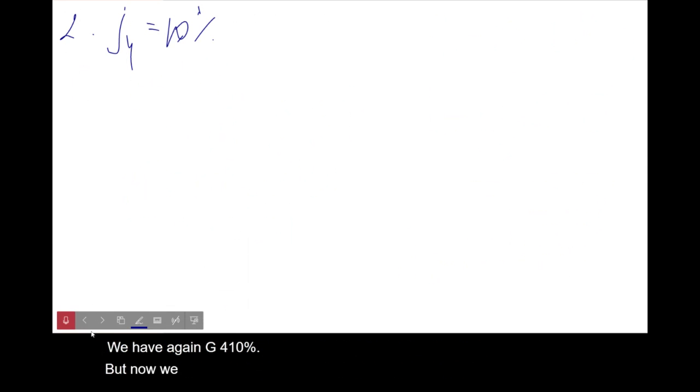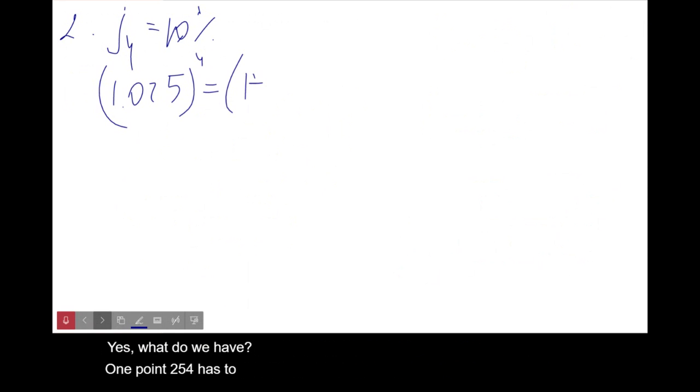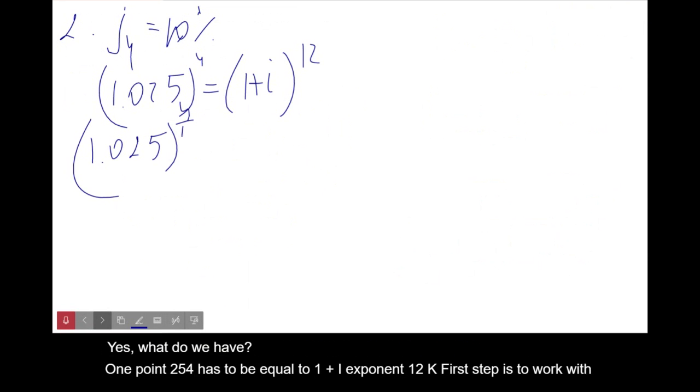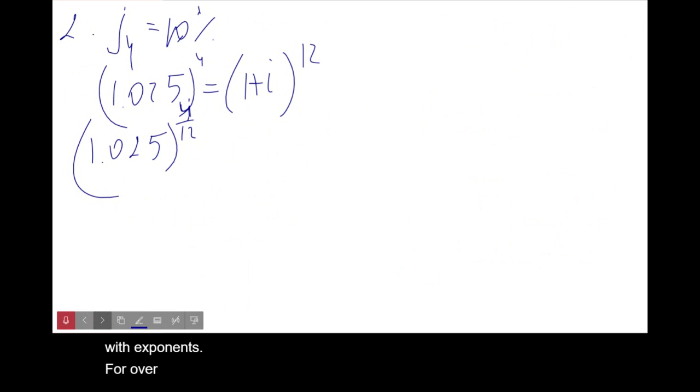Okay, so what do we have? For question 2, we have again J4, 10%. But now we compound monthly, right? What do we have? 1.025 exponent 4 has to be equal to 1 plus i exponent 12. First step is to work with exponents, 4 over 12, basically divide one by the other.